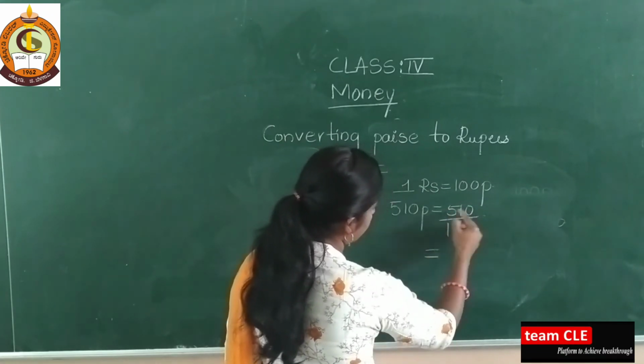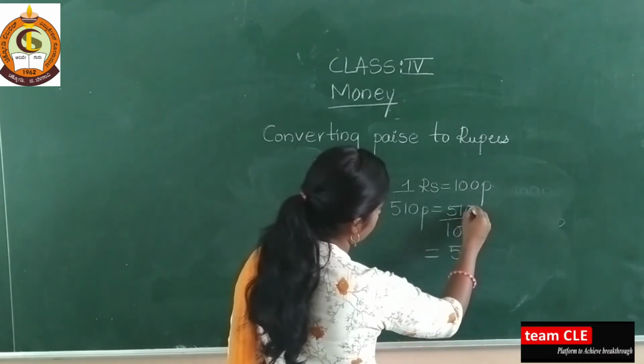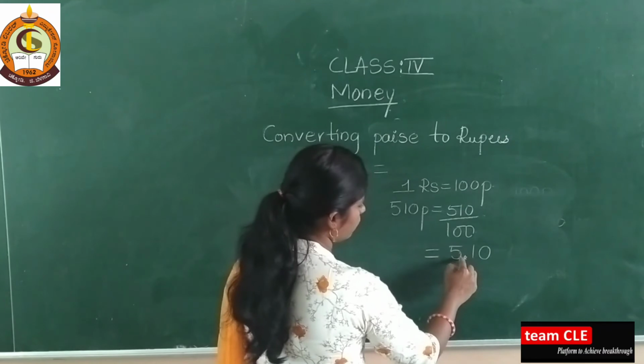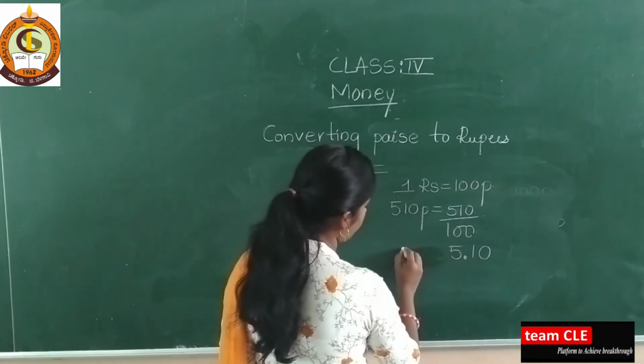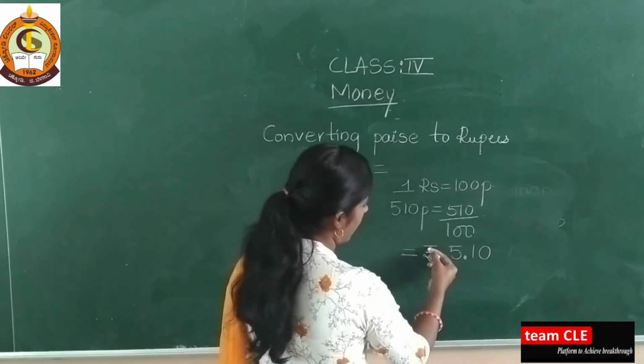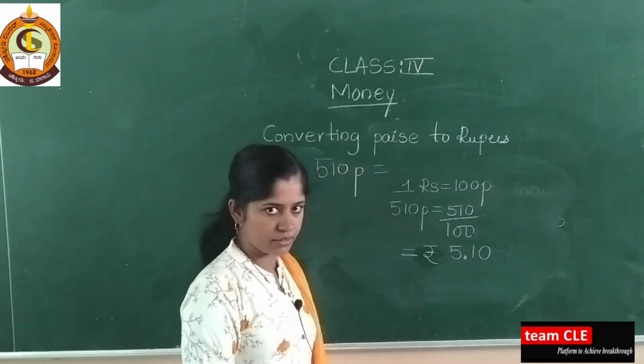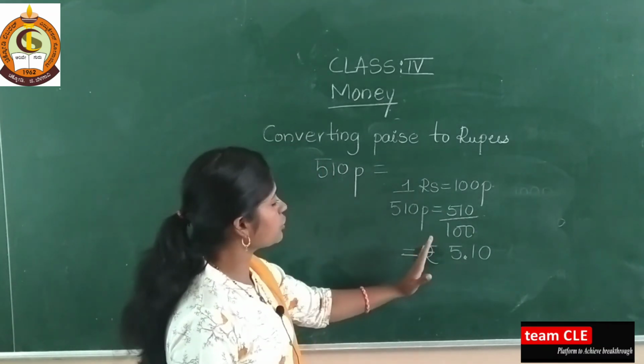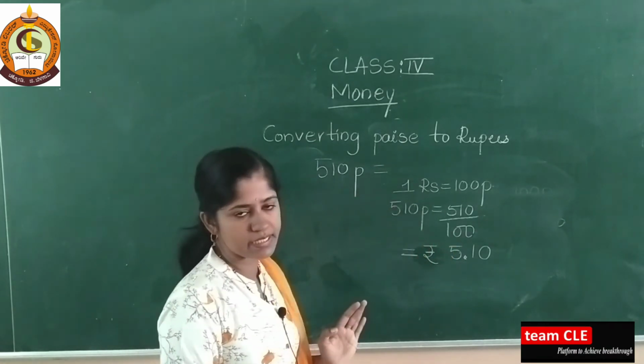So how are we writing? You keep the numerator as it is, 510. After 2 digits you put the point, 5.10. So this is rupees, 5 rupees 10 paise. Okay, clear?